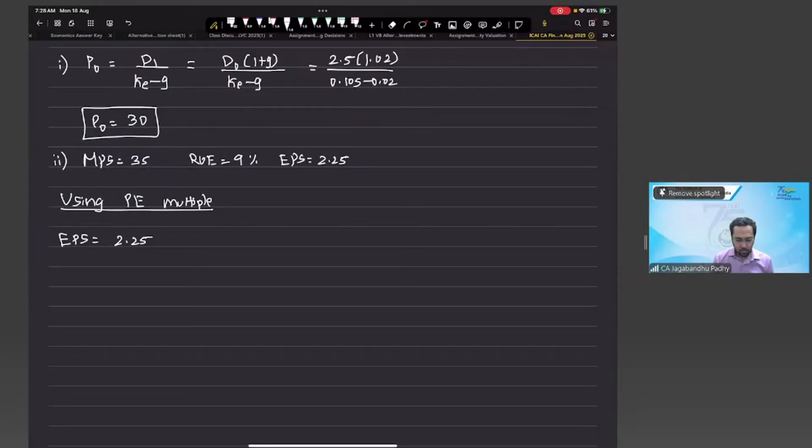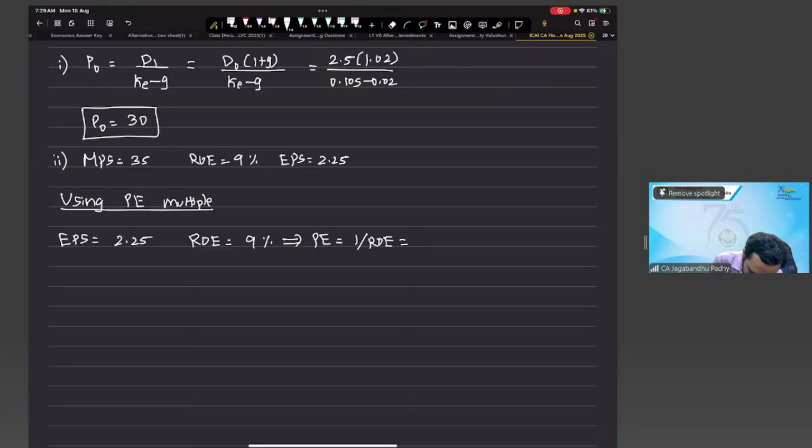And now how do I know what is the P that is applicable? For that I'll have to take help of return on equity. So return on equity is 9%. So this implies that our price to earning ratio is simply 1 divided by return on equity.